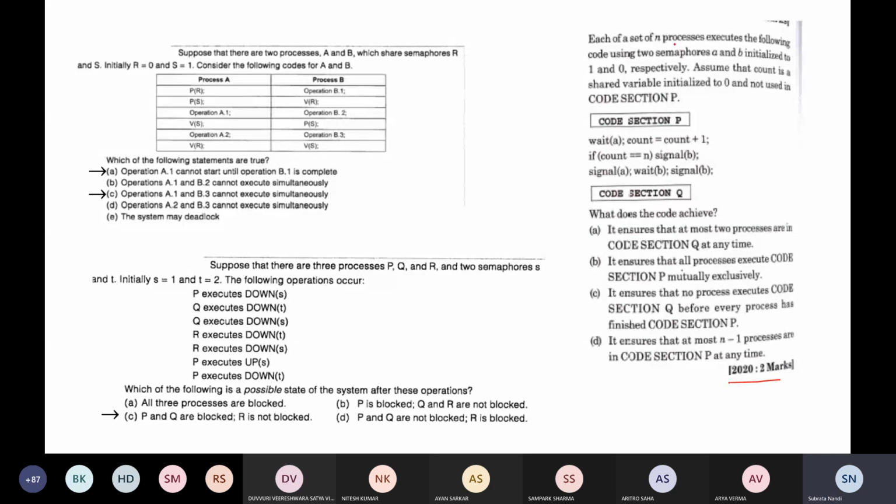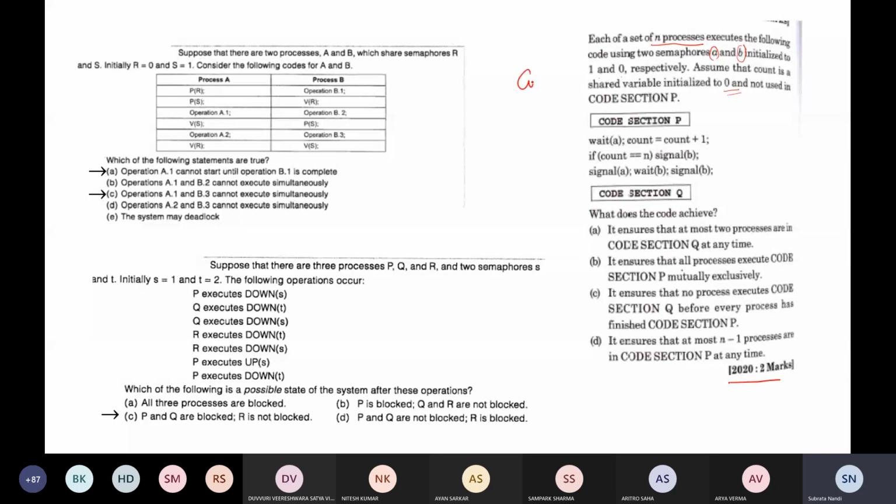It says there are n number of processes and there are two semaphores A and B initialized to 1 and 0. Assume that count is a shared variable initialized to 0 and is not used in code section P.